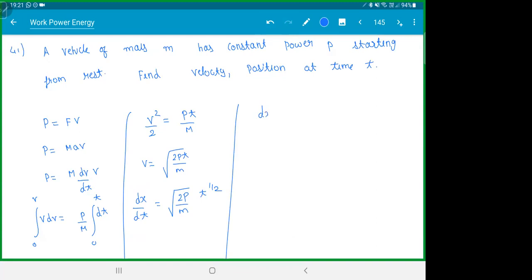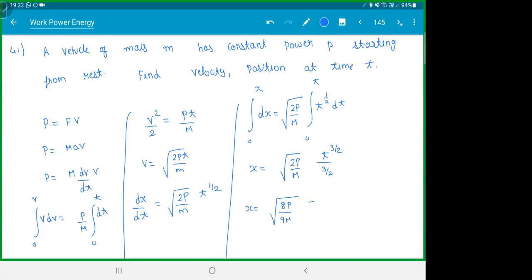Integrate this again. dx is equal to root 2P by m, t power half dt. 0 to x, 0 to t. t power 3 by 2 by 3 by 2. That would be 8P by 9m t cube. There, check it out.